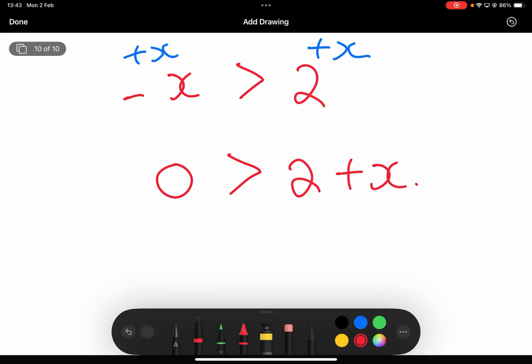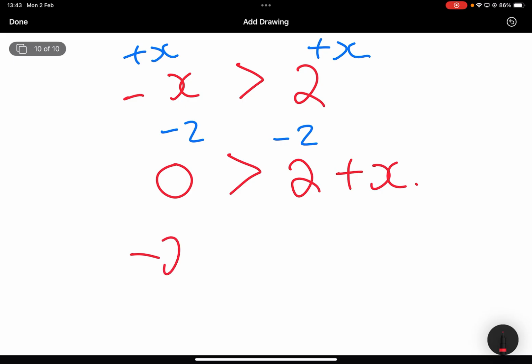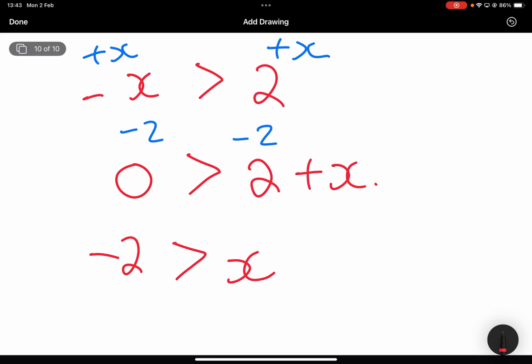Then I move my 2 to the other side. I subtract 2 and subtract 2. Then can you see that by moving this across, I can also solve. x must be smaller than negative 2.